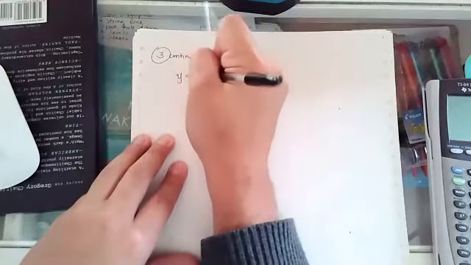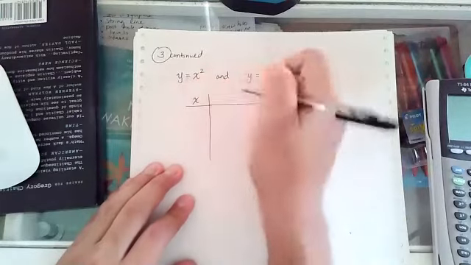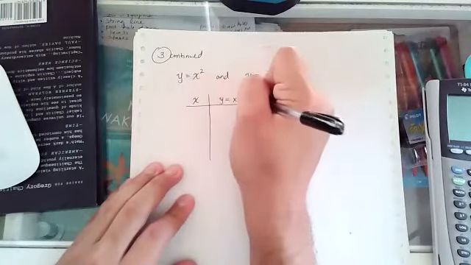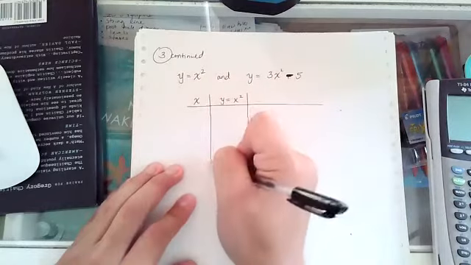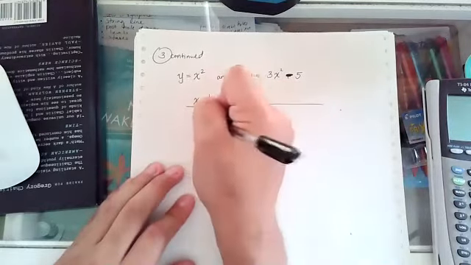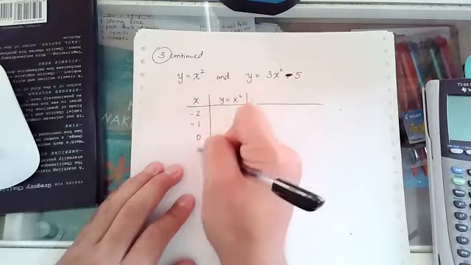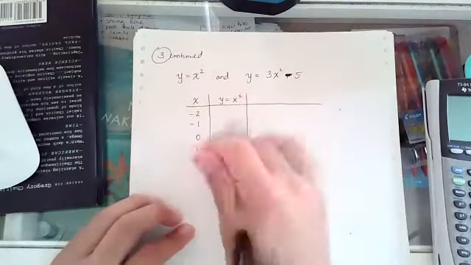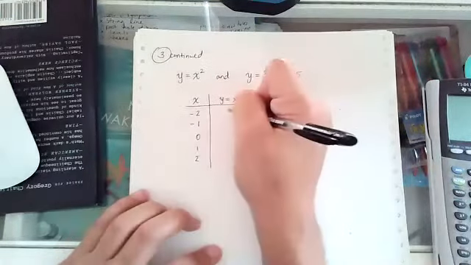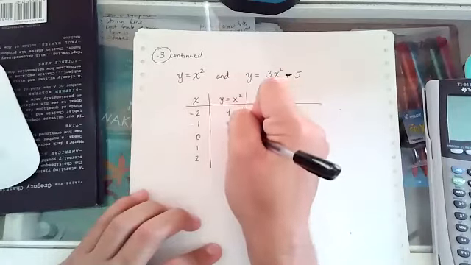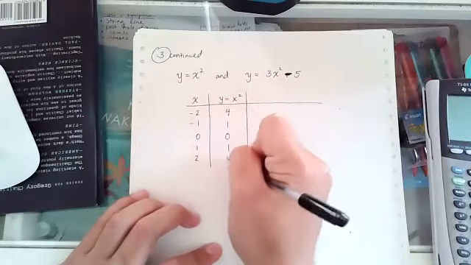So let's put them both into a table where we have some input values. The first graph is y equals x squared. I'll just use the same values as before: -2, -1, 0, 1, and 2. And we already have the output values for these. It should be 4, 1, 0, 1, and 4.